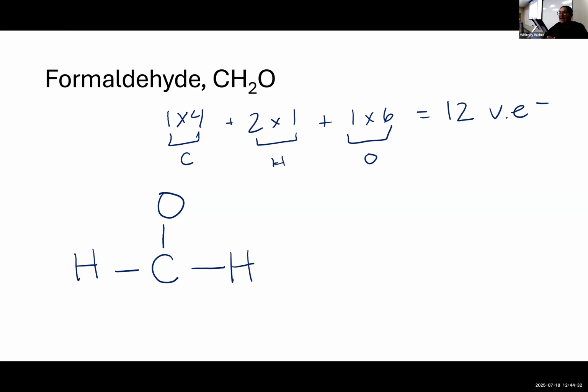I can't add lone pairs to hydrogen because these hydrogens already have their max capacity. The only place that I can add those lone pairs is to oxygen. So 2, 4, 6, 8, 10, 12. Are we done? Is this correct?